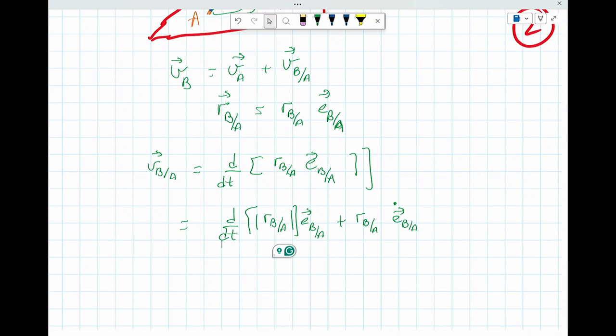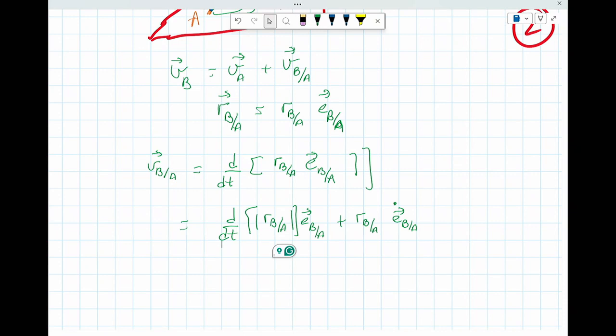Now, the rate of change of the magnitude of r_B/A is going to be 0. It never changes. It's on a rigid body. It's never going to change its length. So I can get rid of the first term.